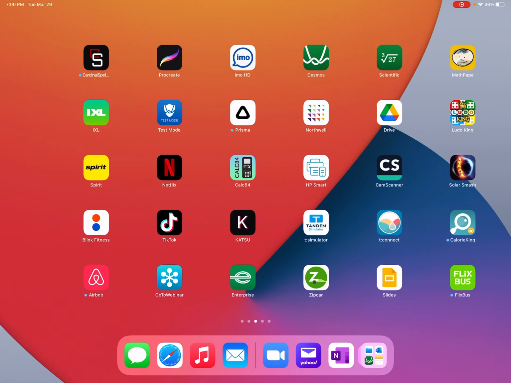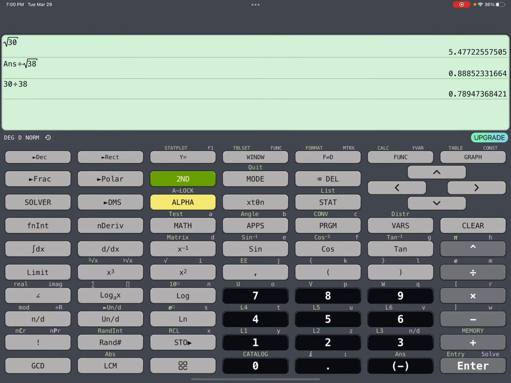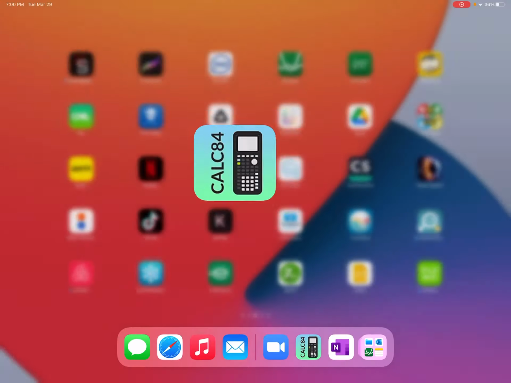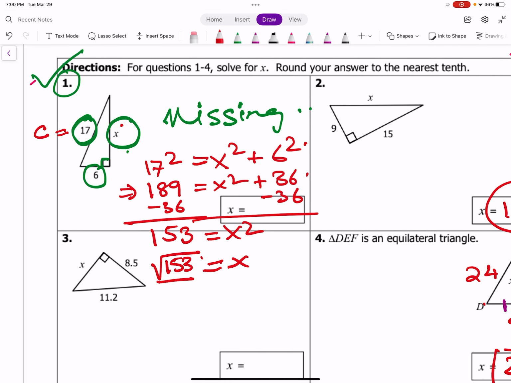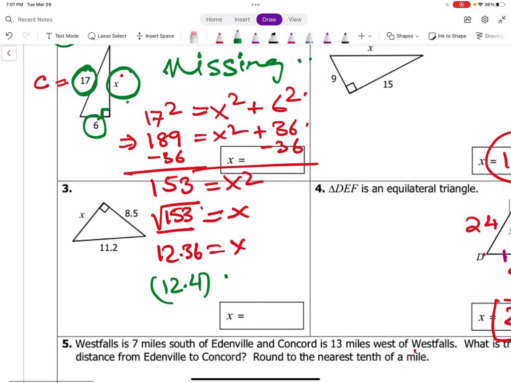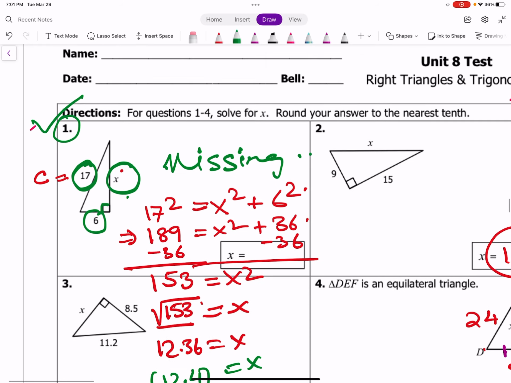Radical 153, so you got the value 12.369. In the nearest tenth, we should write it as 12.4. So that's our x for number one.